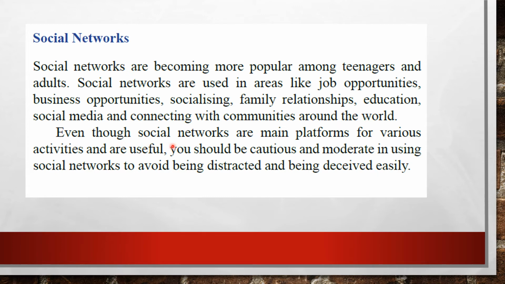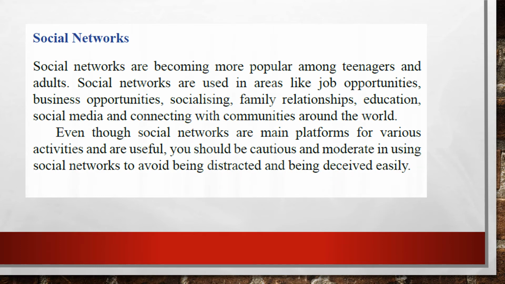Even though social networks are main platforms for various activities and are useful, you should be cautious and moderate in using social networks to avoid being distracted and being deceived easily.